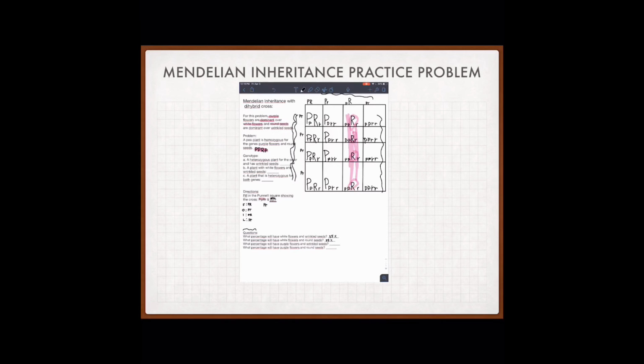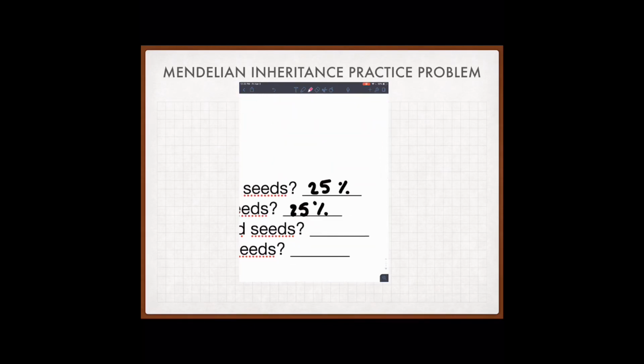And then it says, what percentage will have purple flowers and wrinkled seeds? So purple flowers are dominant over the white. So we already know this is going to be a big P. So it obviously comes down to these two sections right there. And then it says that the plant will have wrinkled seeds. And because the wrinkled seeds are recessive, it has to be this section right here, because both of those have little r's.